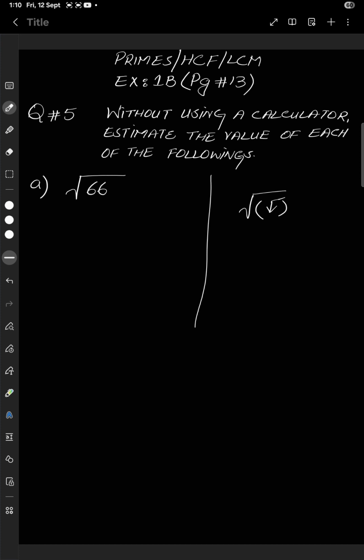Let me explain this concept by giving you an example. If we take 3 square, the answer will be 9, because this 9 comes by multiplying 3 with 3. Similarly, when we take 4 square, the answer will be 16, and when we take 7 square, the answer will be 49, because 7 sevens are 49.